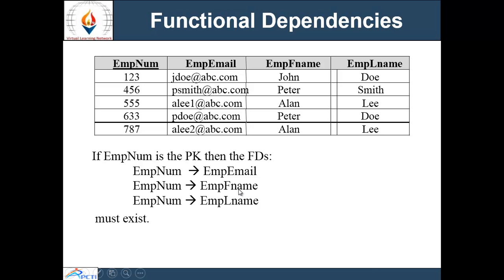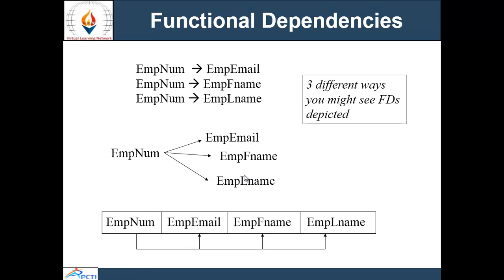Similarly, EMP F name is functionally dependent on EMP num. Similarly, EMP L name is functionally dependent on EMP num. It means for each value of EMP email or EMP F name or EMP L name, there will be a unique value in the EMP num attribute. This is known as functional dependency.